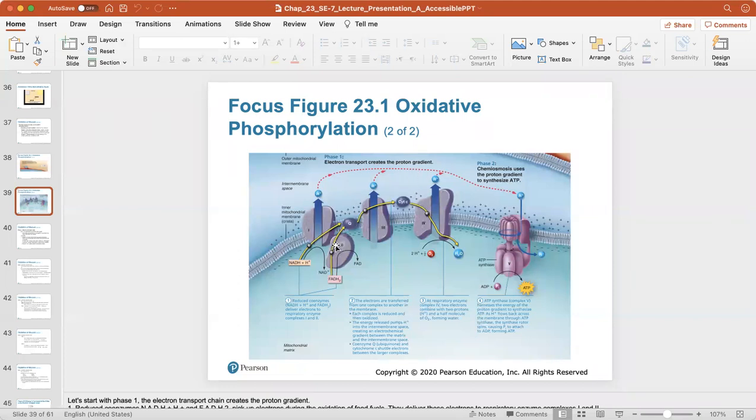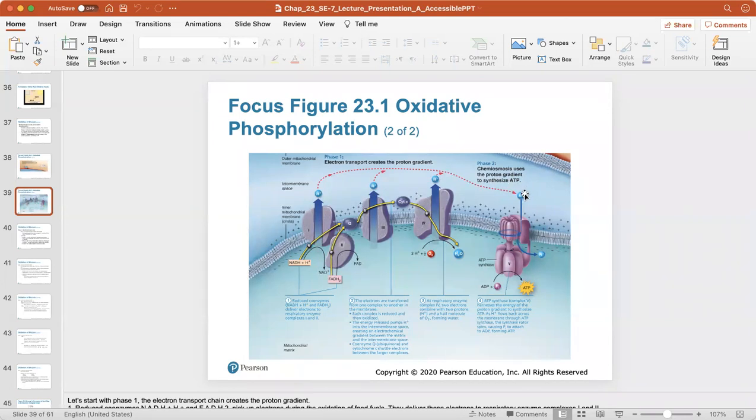These proton carriers, 1, 2, 3, 4, are pumping protons across. Ubiquinone, which is coenzyme Q, and cytochrome C will help shuttle electrons between the larger complexes. And then once we get this proton gradient above, we have chemiosmosis, which uses the proton gradient to synthesize ATP.